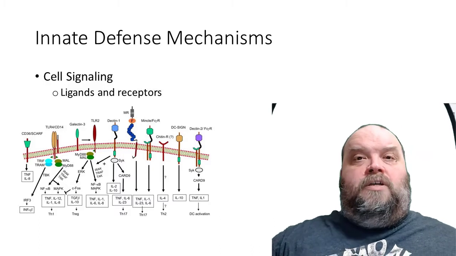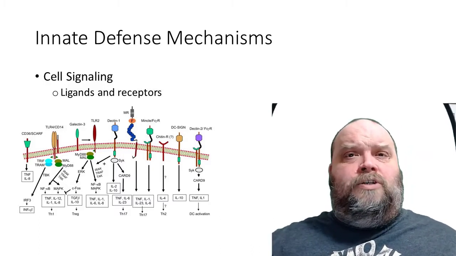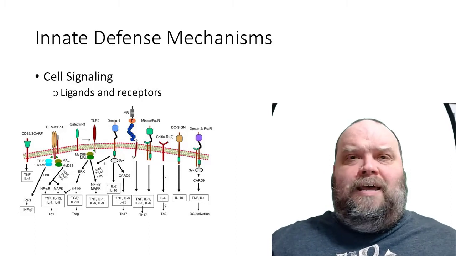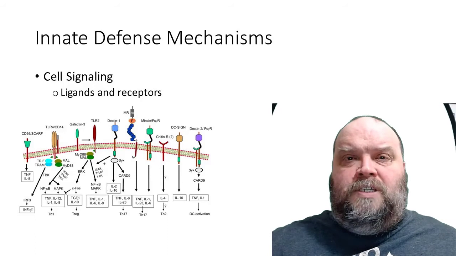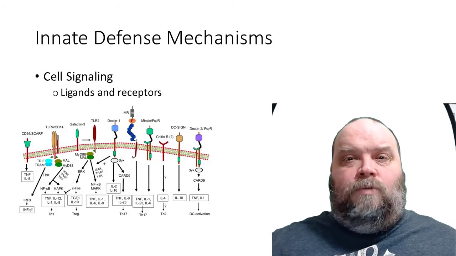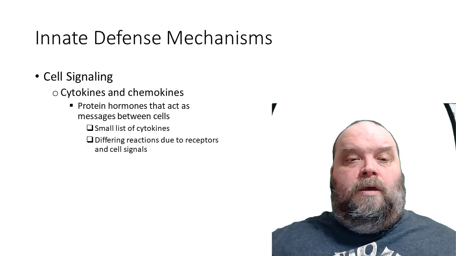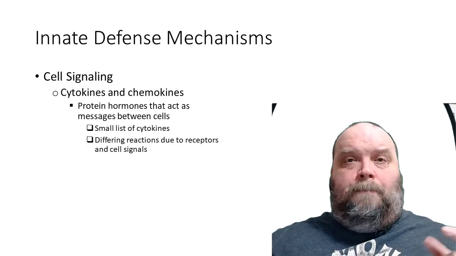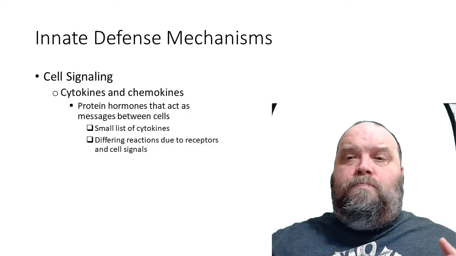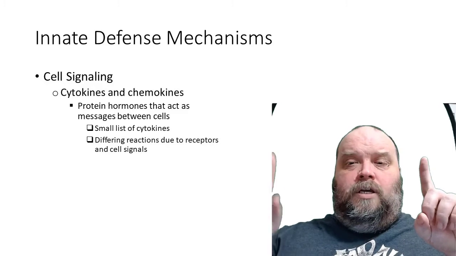Some form of cytokine or chemokine here, or interleukin, or TNF alpha, TNF beta. Some sort of signal that the cell will then be able to respond to. Because these cytokines and chemokines are going to be protein or hormone-based signals that allow for one cell to talk to another cell.